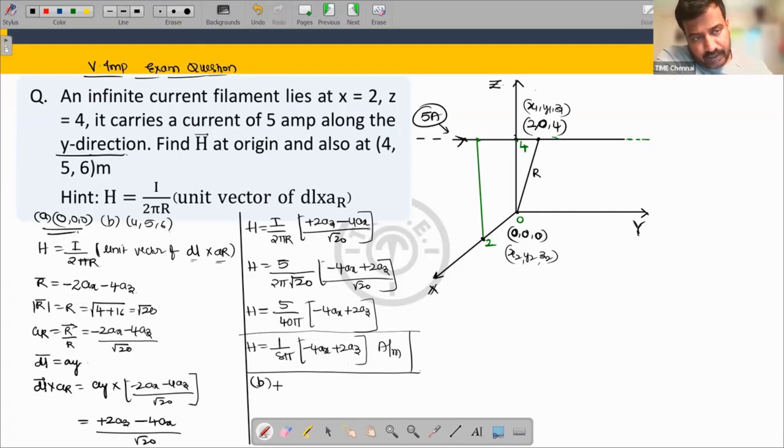Second bit. Find h at 4 comma 5 comma 6. Now do it. Find it at 4 comma 5 comma 6, everyone. Any doubt here? Any doubt so far?